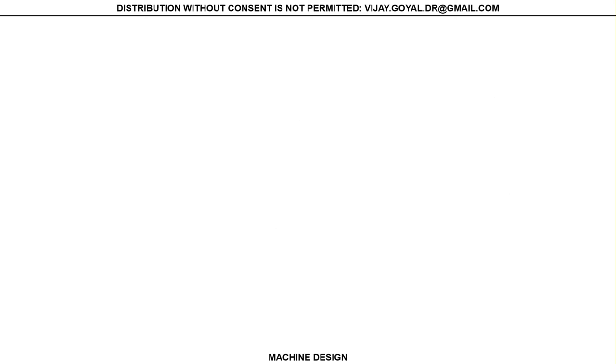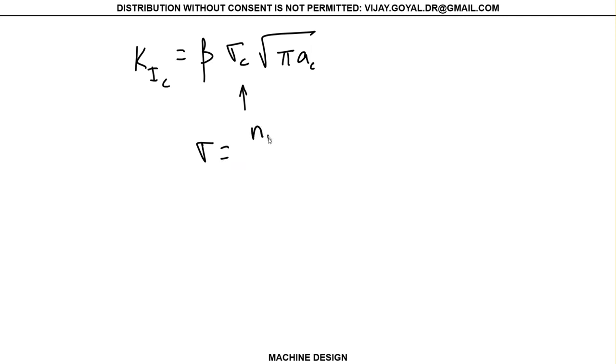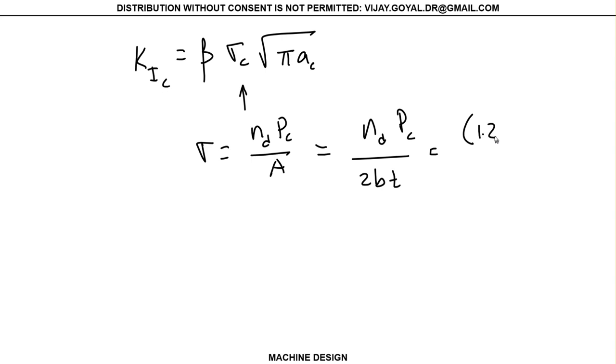So let's go ahead and replace all the values here and see what happens. KIC is equal to beta times this value, sigma PAC, and we know that sigma would be this value, PC times A. This is your design factor times the critical load that I'm looking for, 2 times B times T. This will be 1.2 times PC divided by 2 times 0.05 times 0.005.